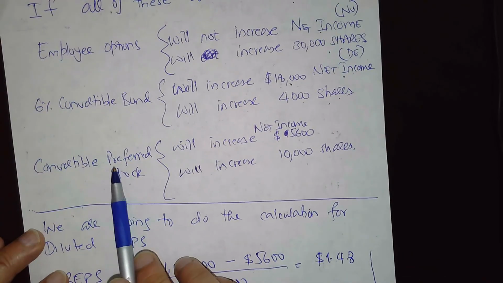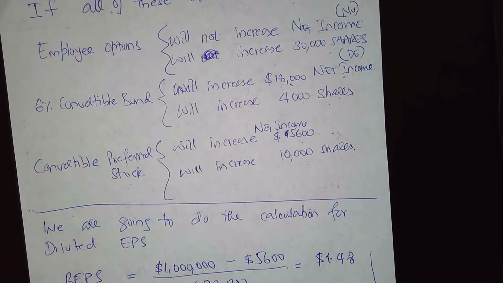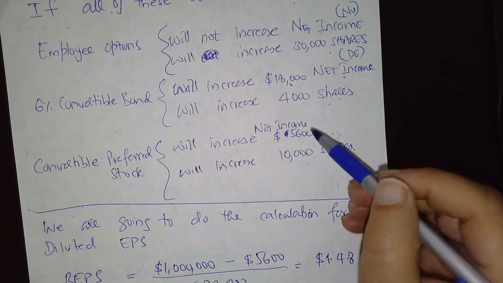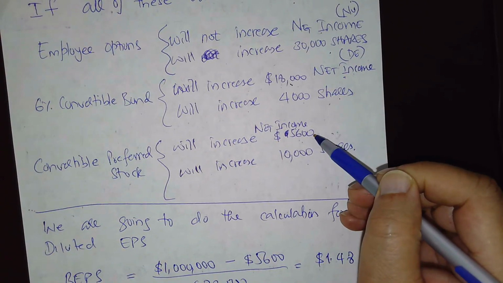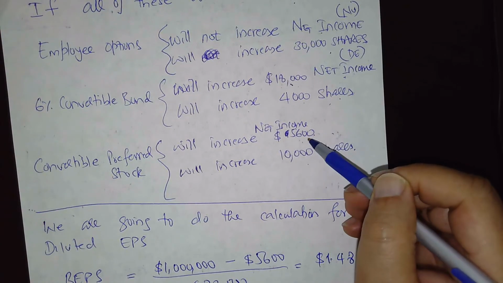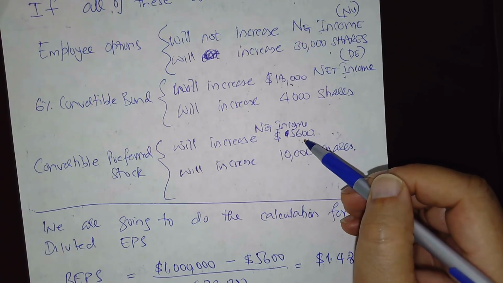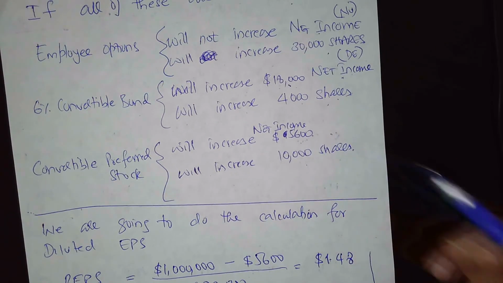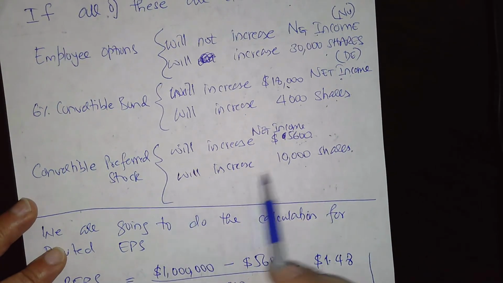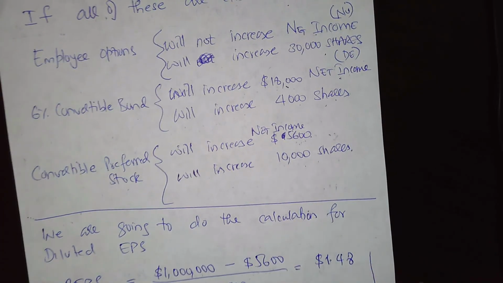If we do the convertible preferred stock, it will increase net income by 5,600 because once you convert the preferred stocks into common stock, you do not have to pay and you add back this 5,600 to the net income. And it will increase the 10,000 shares because now you don't have the preferred share, you have common shares.